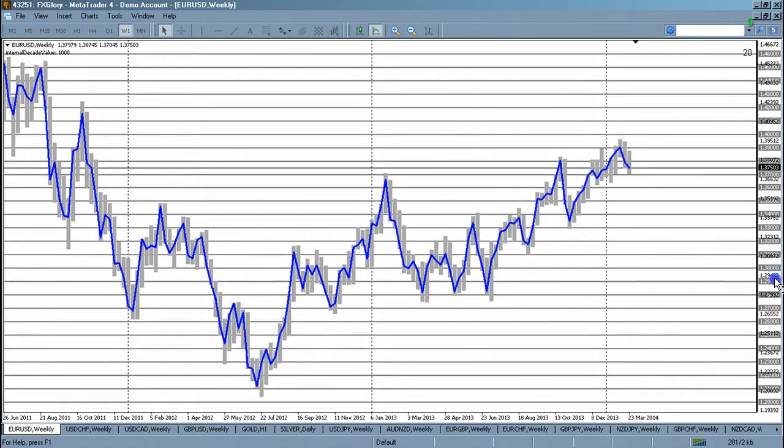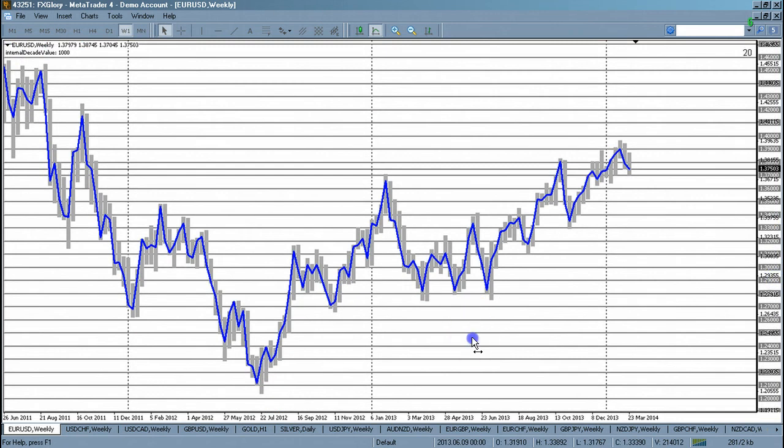Another thing I noticed, this is the weekly chart here. There's a yearly cycle. If you split this in half, there was a trader talking about the almanac, and if you look at the middle of the year, you'll see there's a swing low.